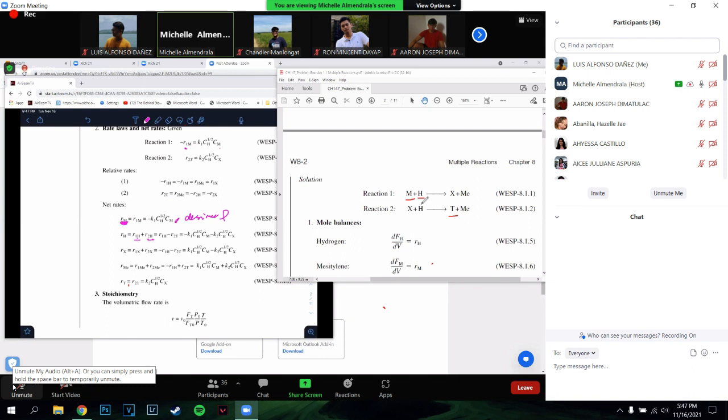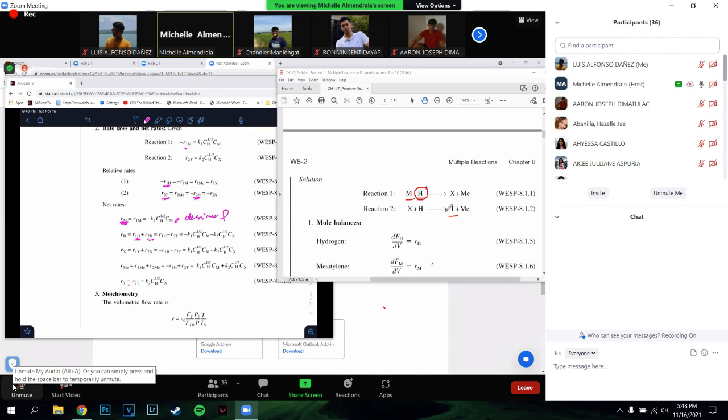And in this case, the rate of reaction of hydrogen in reaction 2 is the same as the rate of the undesired product, toluene. All right. So you can also say that the net rate of hydrogen will just be the sum of the rate of hydrogen in the first reaction, which is reaction 1 for hydrogen.